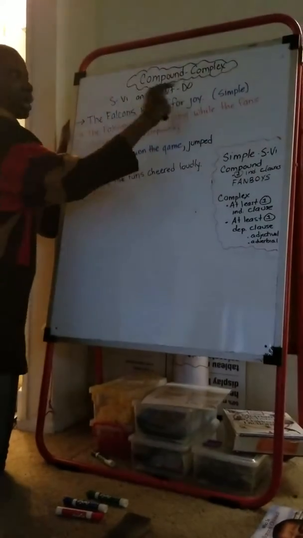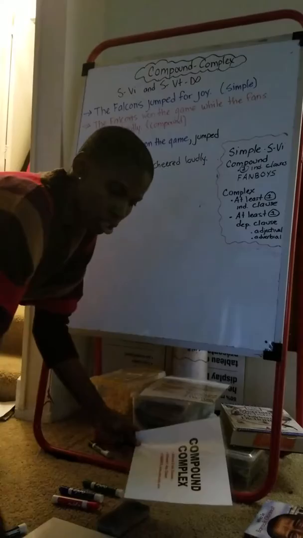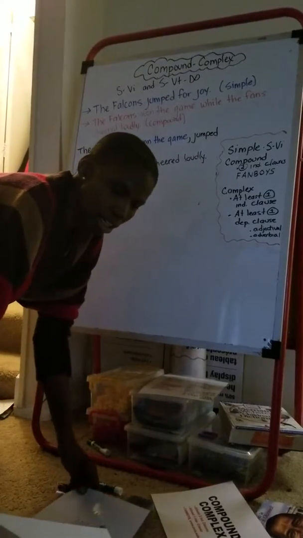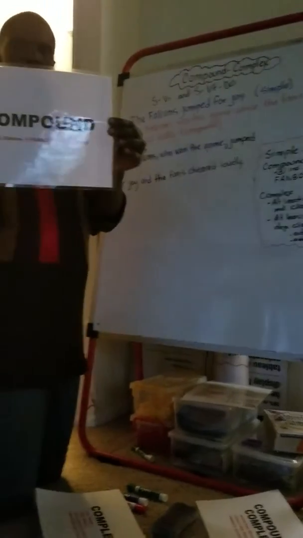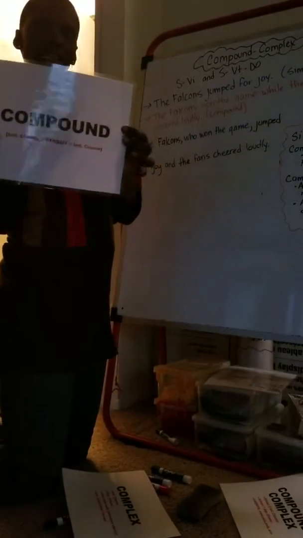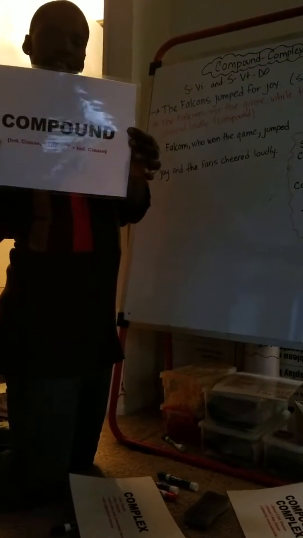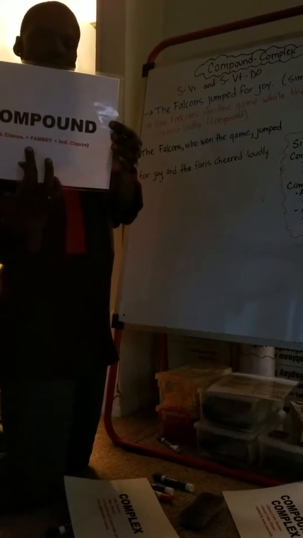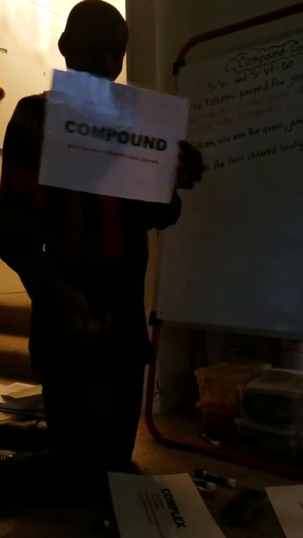The compound complex is a combination of our complex and compound sentence structure. Remember, a compound has at least one independent clause, a FANBOY, and then another independent clause. They are separated by a FANBOY with a comma after the first independent clause.